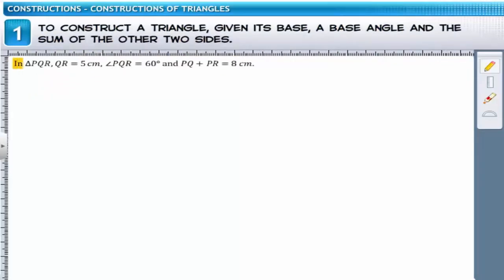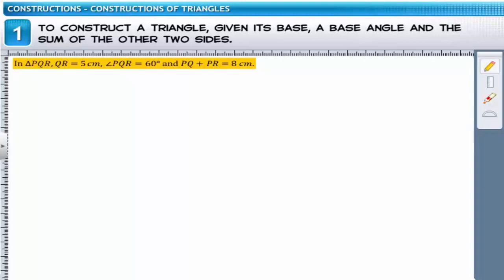Let's construct triangle PQR, where the base QR is equal to 5 centimeters. Angle PQR is equal to 60 degrees, and the sum of its sides, PQ and PR, is equal to 8 centimeters. Here's how it's done.